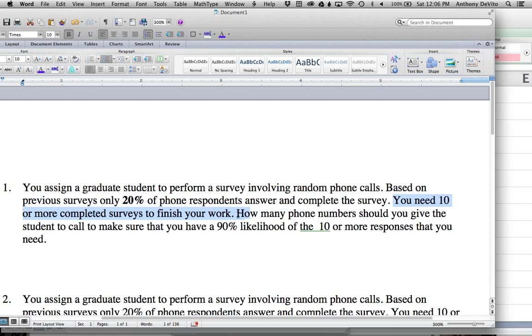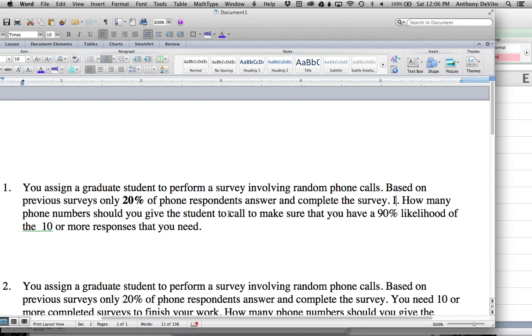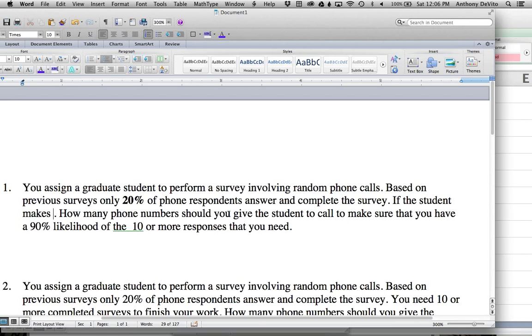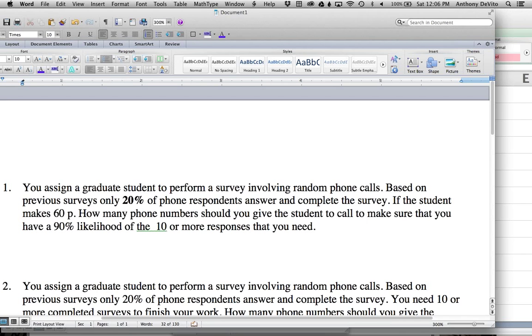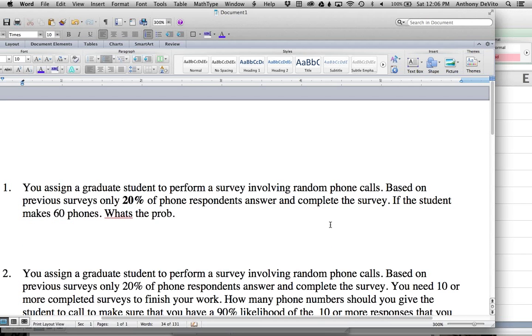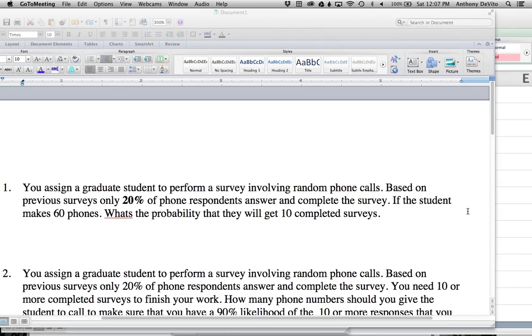What's the probability that if the student makes 60 phone calls, they will get 10 complete surveys? Okay, that's a little bit clearer, right? You see how that's related?